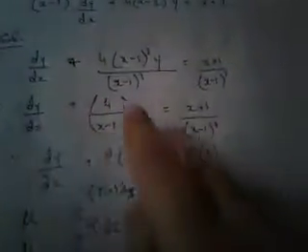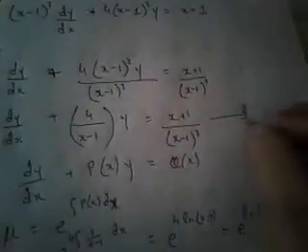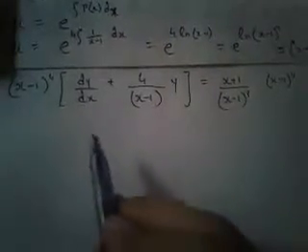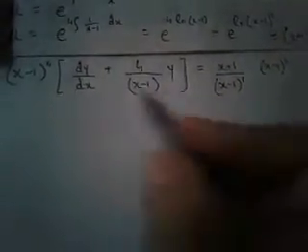So I am now going to multiply my integrating factor with this entire equation, the linear equation. I just call it equation number 1. Alright, so I'm going to multiply my integrating factor with this whole. Okay, that's how it looks after multiplication. Now we are going to multiply term by term.